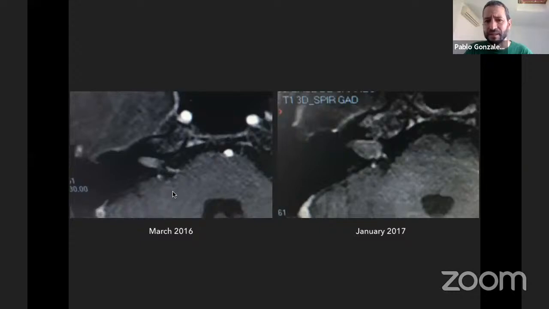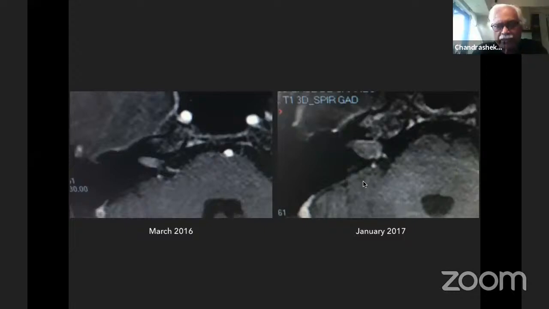the right side, and it didn't worsen too much when I saw this image. But the volumetric analysis gave us that the tumor was more than double size in volume, and it expanded the internal auditory meatus in 9 months. It was something quite rare. But the hearing function in the right side was 25% diminished when he came at that time.